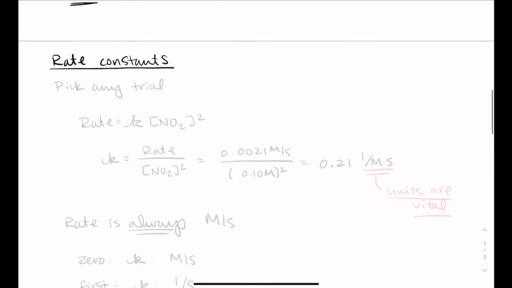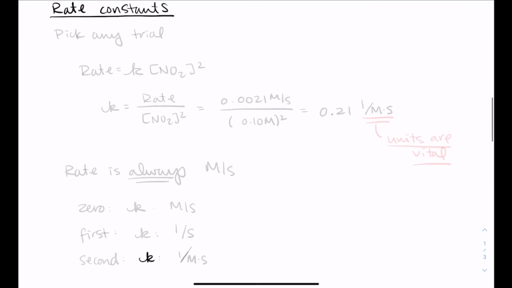If I have not asked you to find the rate constant, but I ask you for the rate law, you would write where we've ended right now, which is the rate equals K times NO2 squared. If I ask you to find the rate constant first, then you're going to need to report it in your rate law. So let's talk about how to find it.